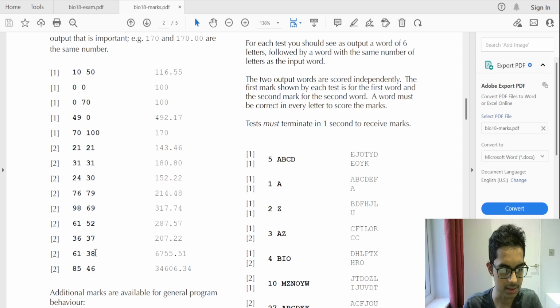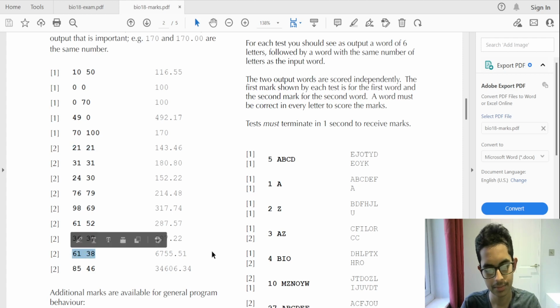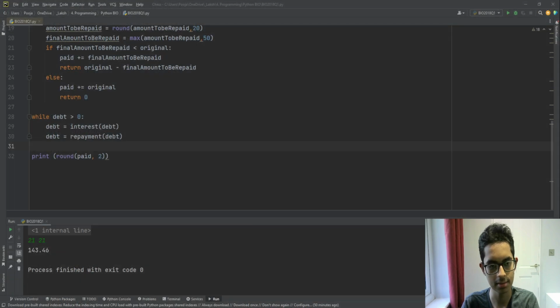And now let's just test it on maybe this one as well. And now let's go back to the program. It gives us 6755.51, which is also correct. So as you can see, this code basically works.